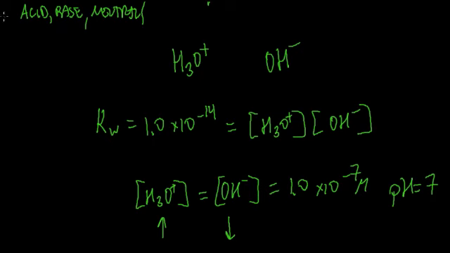If this happens to go down, then this one's going to go up. They are inversely proportional, and vice versa. But when you multiply these two concentrations together, you must get 1.0 times 10 to the minus 14.